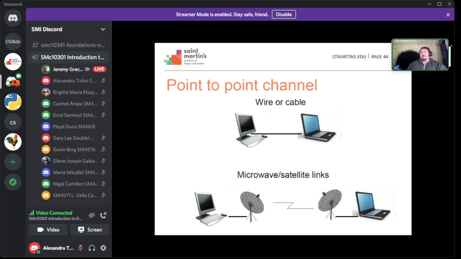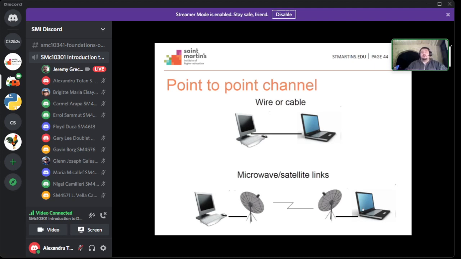However, you could also have multiple steps in the way. For instance, you could have a computer connected via wire to a satellite, which in turn is communicating to another satellite dish, which in turn is being transmitted over a wire into your next computer.